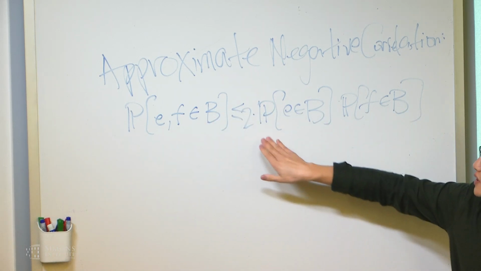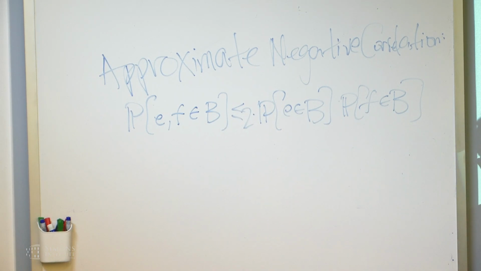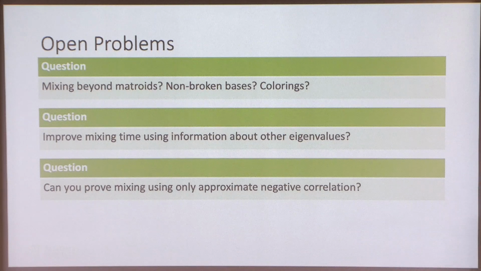It's approximate in the sense that you get an extra factor of 2 here. So what I'm asking is whether you can use this approximate form of negative correlation, coupled with the same technique from Feder-Mihail, to get the same mixing result.